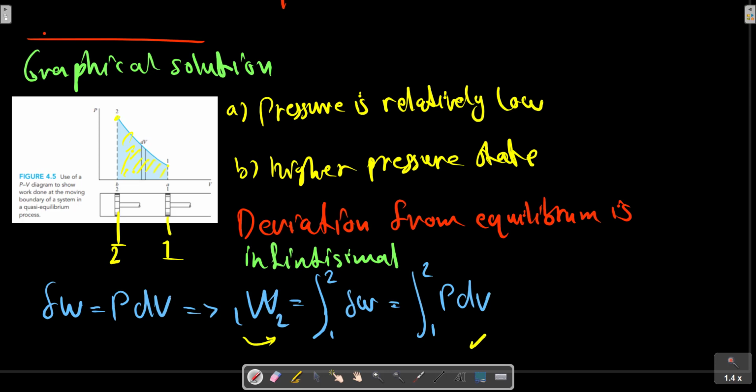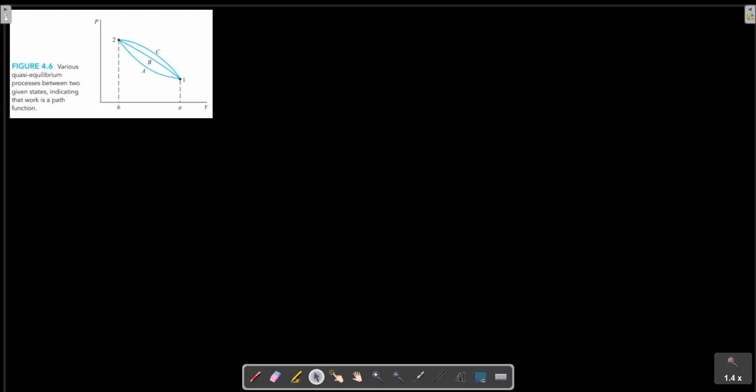Further consideration of PV diagrams, shown in the picture here, leads to another important conclusion. It is possible to go from state 1 to state 2 along many different quasi-equilibrium paths such as A, B or C in this picture.